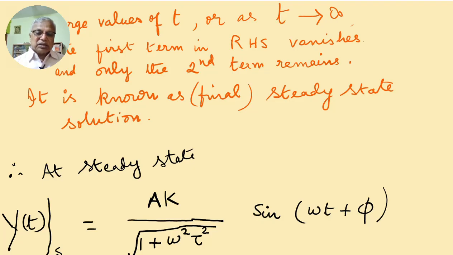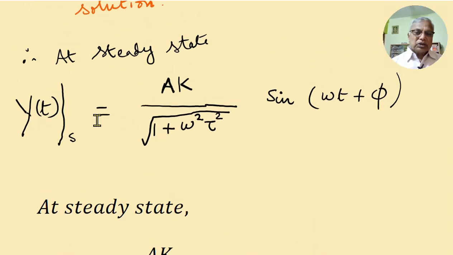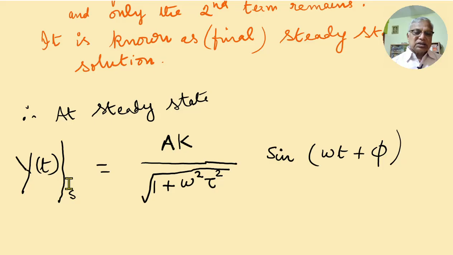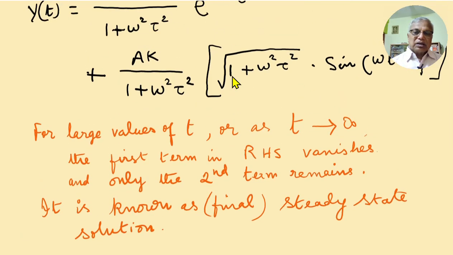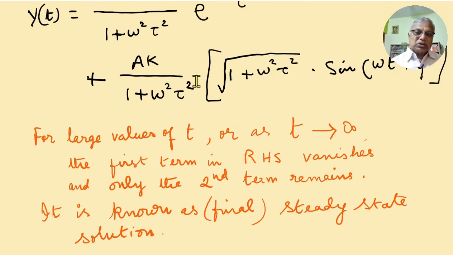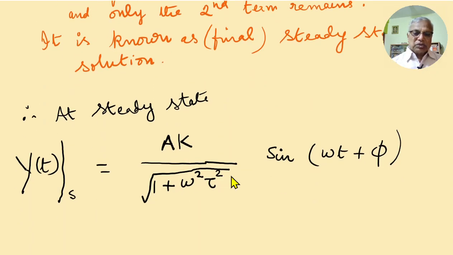So at steady state only the second term exists. Y of t at steady state equals this constant, ak by root of 1 plus omega square tau square, into sine of omega t plus phi.